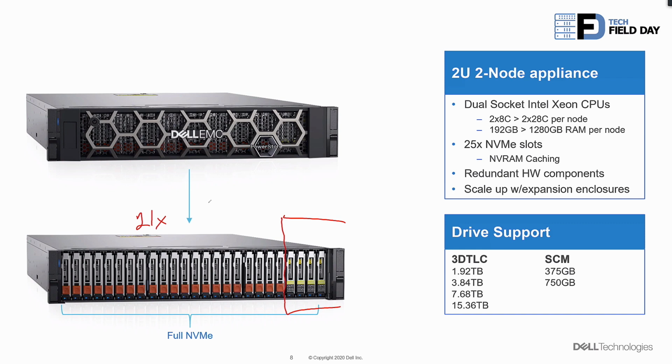Those 21 devices at a 4-to-1 data reduction net out just shy of 1 petabyte of effective capacity using the 15.3s, in 2U. That applies to both the T and the X. So you can get a lot of capacity just localized inside of the base enclosure.